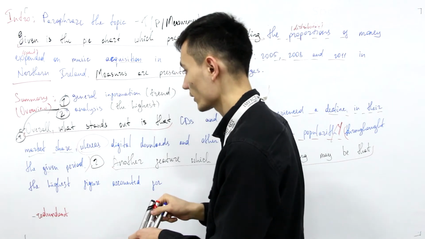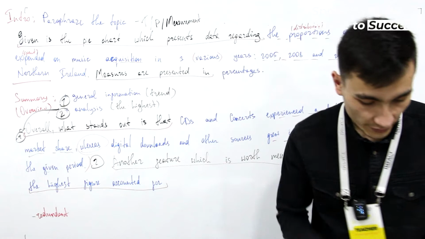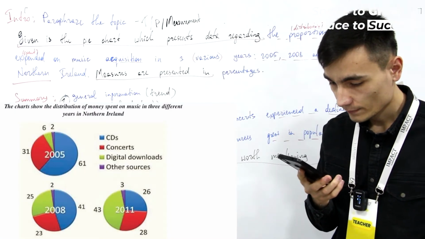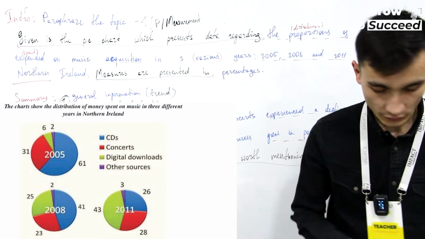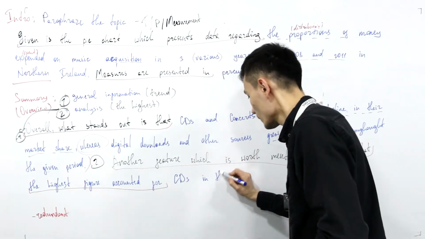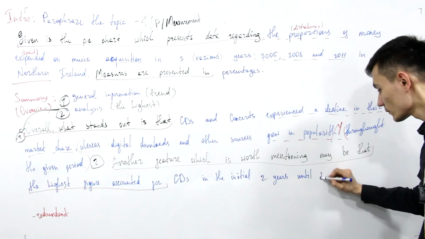The structure is: the highest figure accounted for what? Let's find it. It is concerts. In the first initial two years, for CDs. Until.